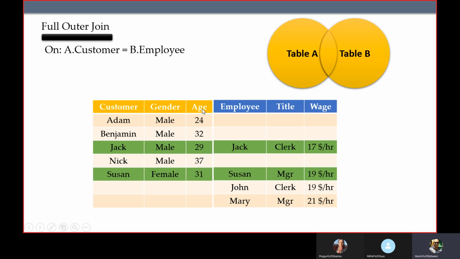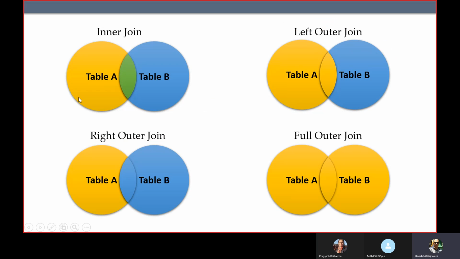Make sense, folks? You understood what we're talking about? We talked about inner join where only the common elements of both the tables are there. Left outer join, the base is the left hand side table, and you're getting data of only the common elements of the right hand side. For the remaining, everything is blank. In a right outer join, the base data is of the right hand side table, and you're only getting data of the common elements from the left hand side.